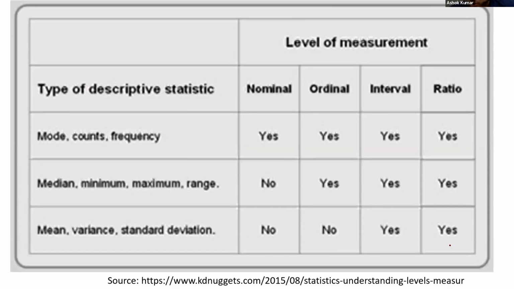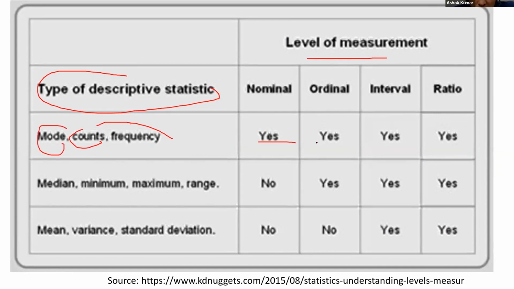And why I explained all these things to you: when we are going to apply statistics, the statistics change according to the level of measurement. You can use just frequency or percentage or count or mode for nominal, ordinal, interval or ratio scale.